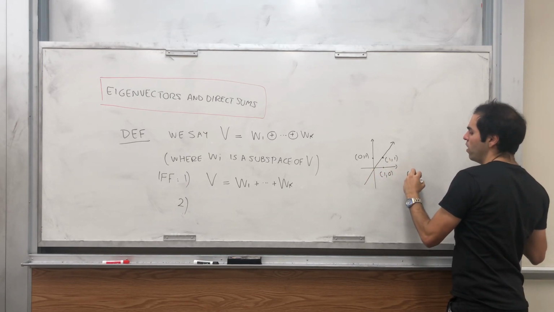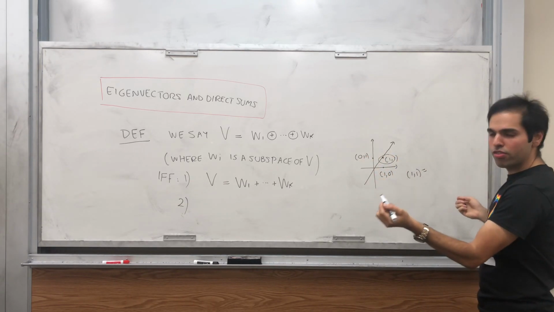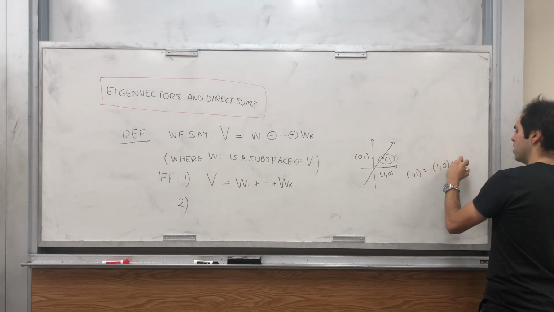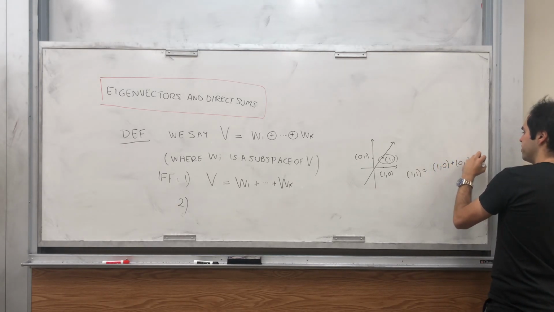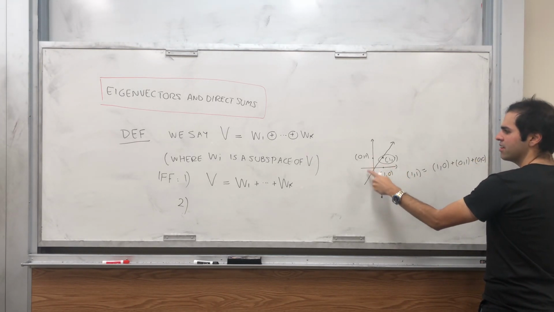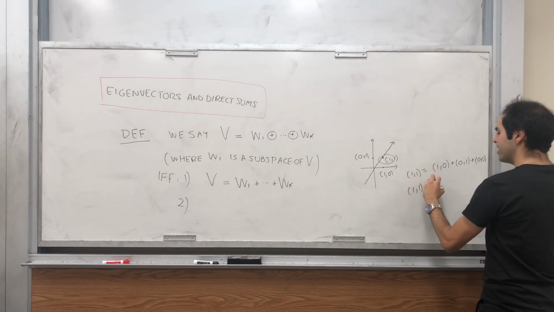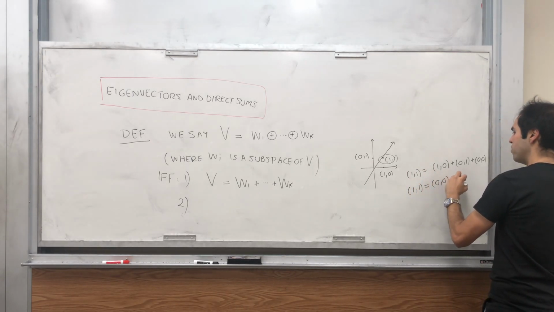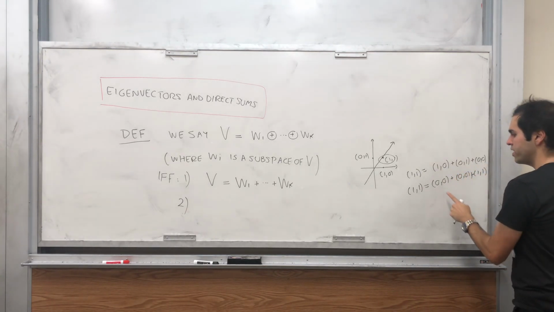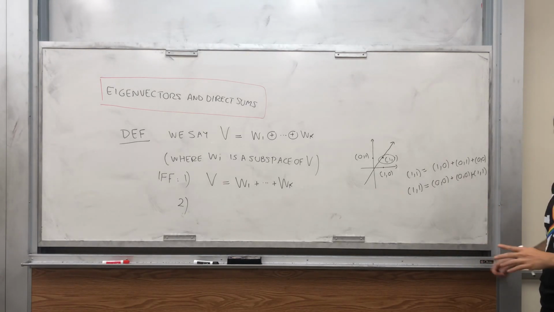For example, the vector (1,1) we can write as a sum of three things. Either (1,0) plus (0,1) plus (0,0), where the first one is on one axis, the second on the other axis, and the third on the third. Or we can write it as (0,0) plus (0,0) plus (1,1), where this is in the first subspace, this in the second one, and this in the third one.